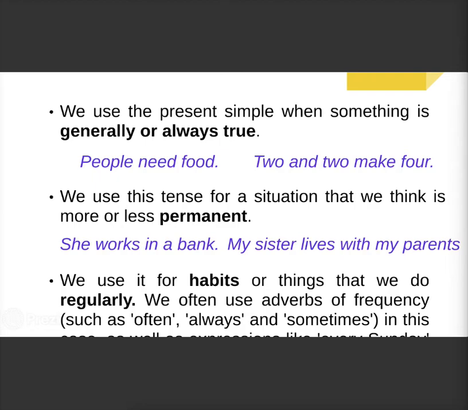Which other thing can we say that it's true? Who can give me another example? For example, let's think about the sky and the color of the sky. So who can give me an example by using present simple and by taking into account the color of the sky? Someone? Facts, something that is always true, generally true.